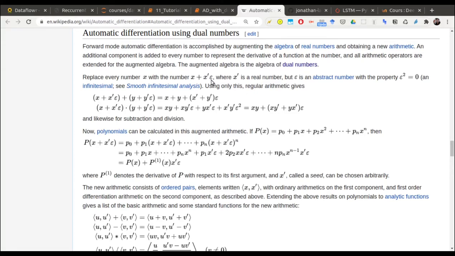And the new fact is that you are imposing that epsilon square is equal to 0. So if you deal with the complex numbers, this epsilon would be the i, and i square would be equal to -1. So here you are changing this rule, and you are changing the i into an epsilon, and the new rule is that epsilon square is equal to 0.